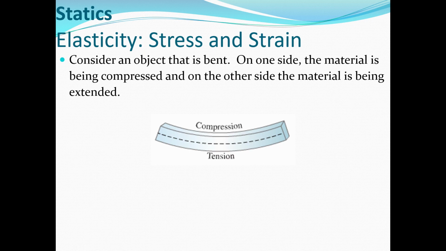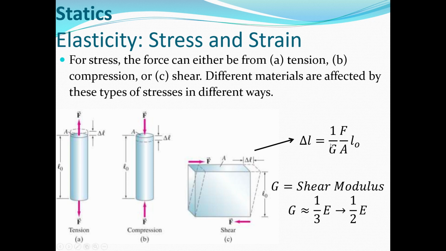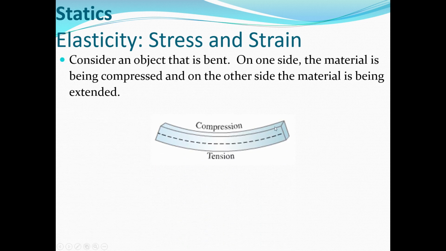Now, the values should be the same. If we look at this equation, I'm just going to say that this is the Young's modulus, but the Young's modulus is going to be the same for the object. The cross-sectional area is going to be the same, and they had the same original length, but something's going to cause the force to be different. And it actually turns out it's the change in the length. When you have something bending like this, these two sides are actually experiencing different changes in length.